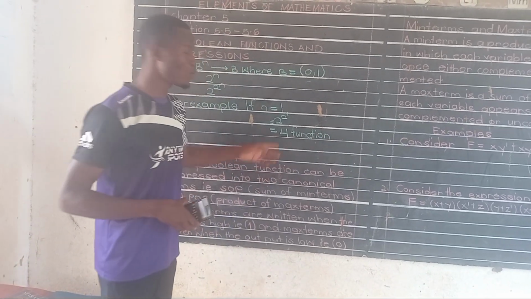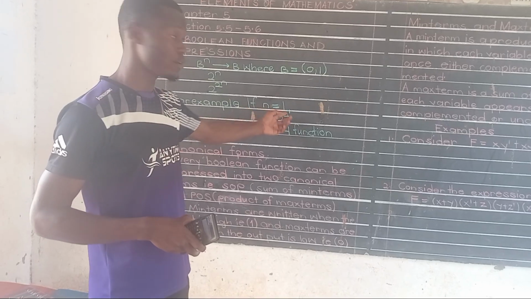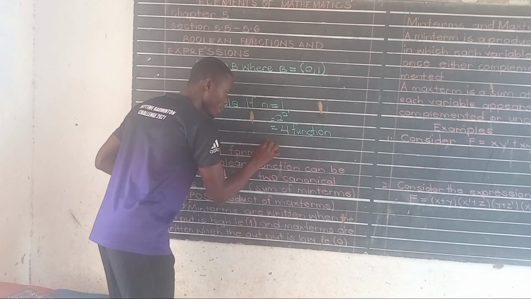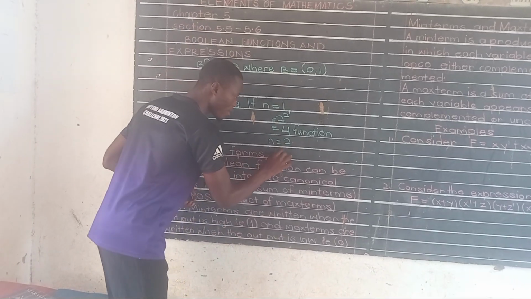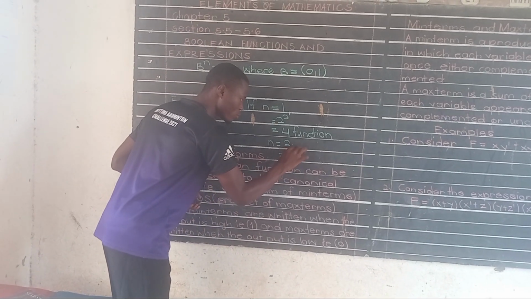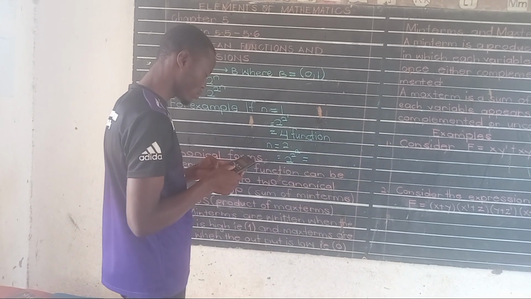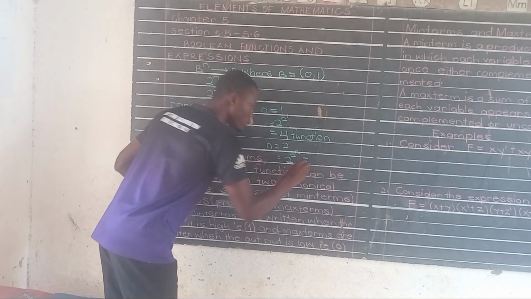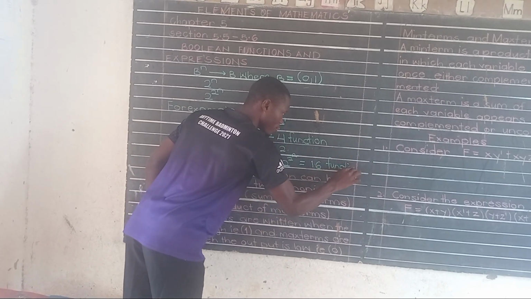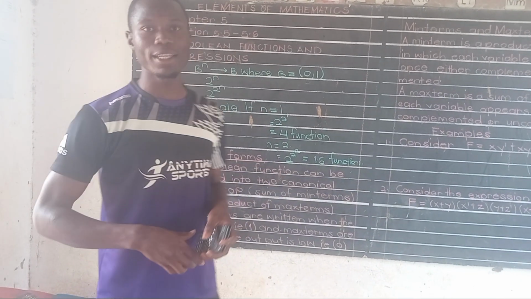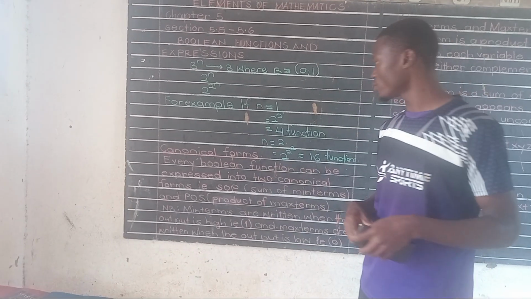So I can have 4 Boolean functions if the variable was 1. Assuming n was 2, I will have 2 to the power 2 to the power 2, which is 2 to the power 4, which is 16 Boolean functions. So basically that's how I can get the Boolean functions given any number of variables.